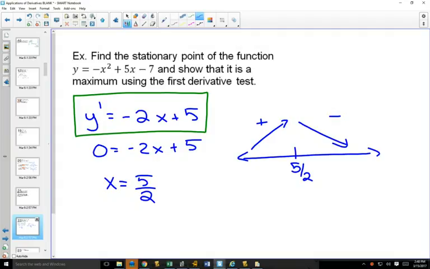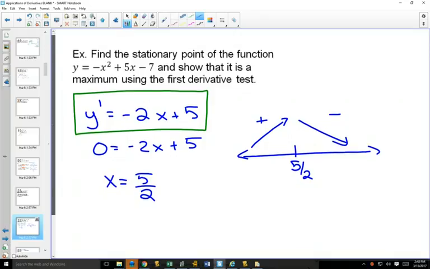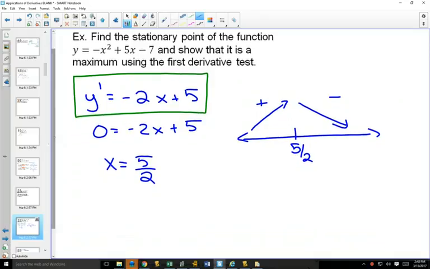So if we wanted to write a statement to show that we know this with the first derivative test, we could say, we know that 5 over 2 comma, I'm just going to plug that into my equation to find out what that is.